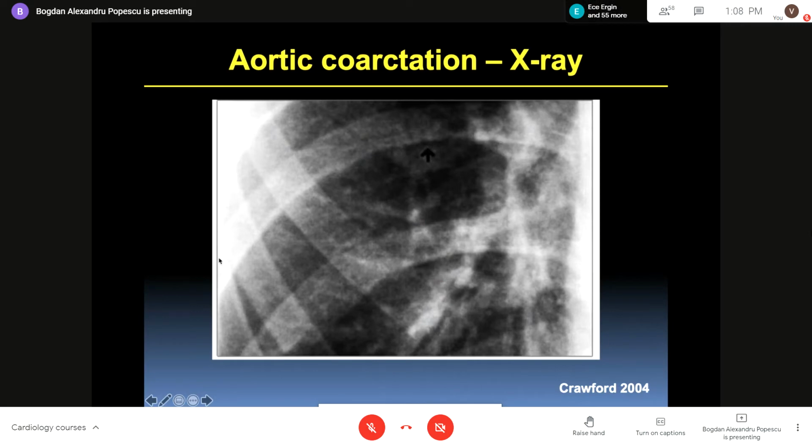These are the ribs in a magnified view of a chest X-ray. You see them? And sometimes, in some cases, you may see some erosions of the inferior contour of the ribs. So instead of being a very smooth contour, as you see here, there are some irregularities, rib erosions. Why is that?